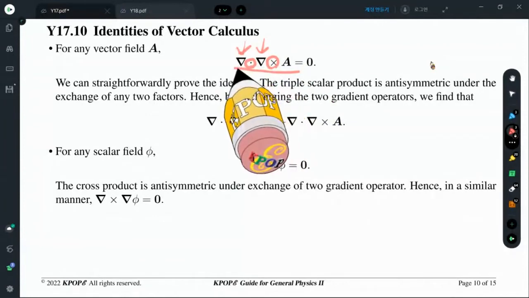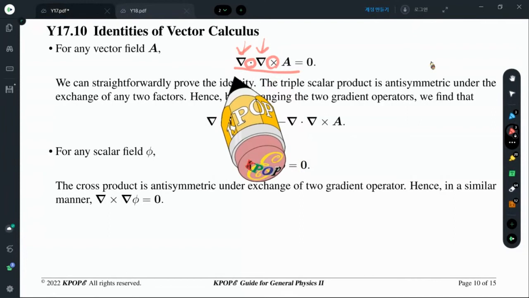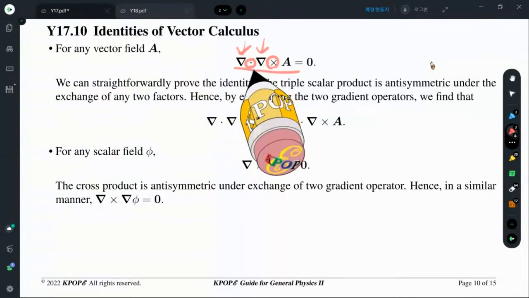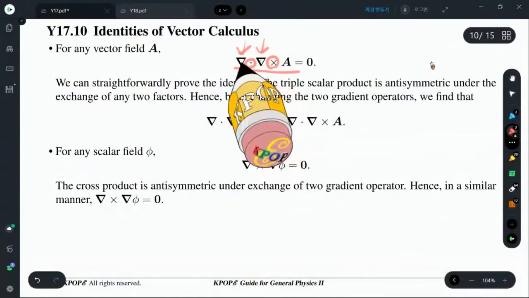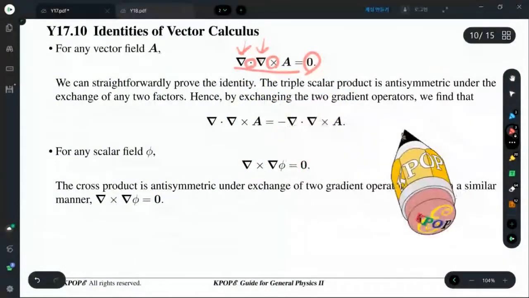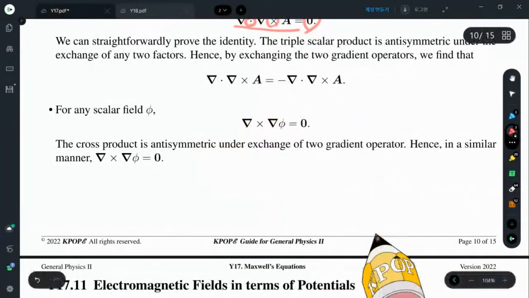In that case, the triple scalar product is anti-commutative under exchange of any two objects. However, these two are symmetric objects. Therefore, the answer must be 0. So divergence of curl is always 0.